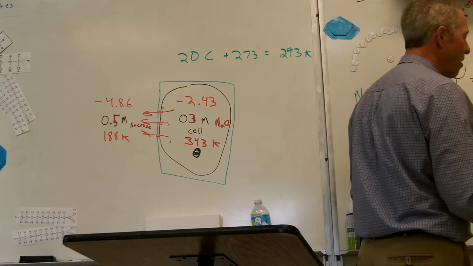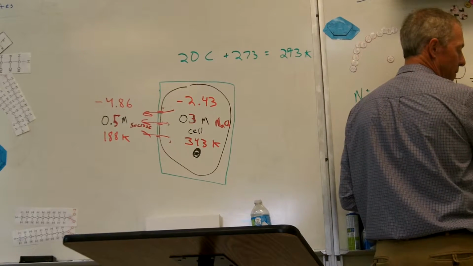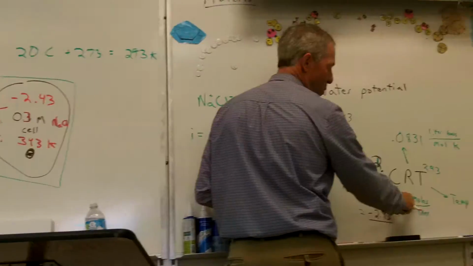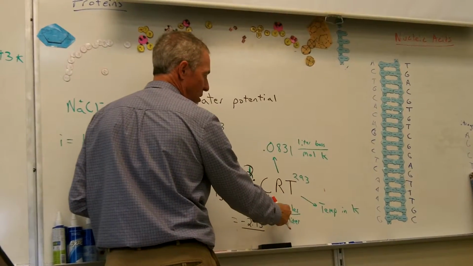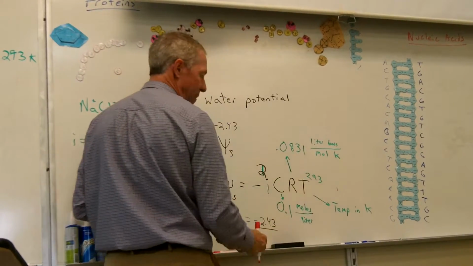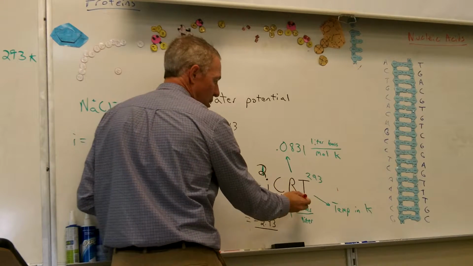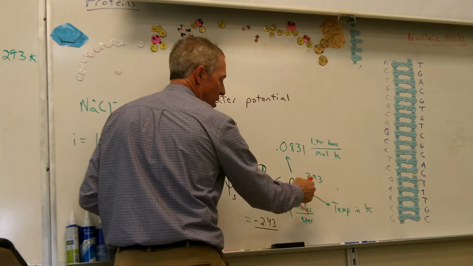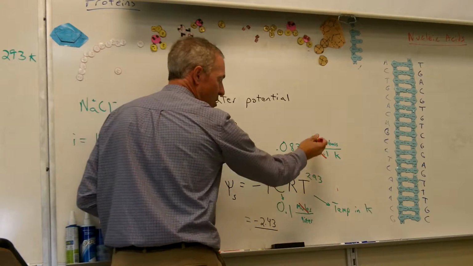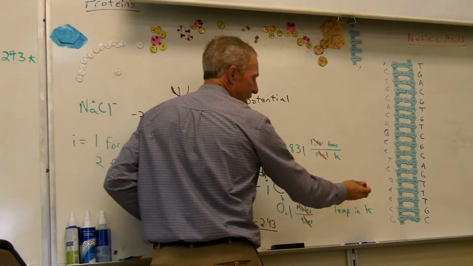Now hold on, we got to figure out what the units are. I has no unit to it. C is in moles per liter. And R is in liter bars per mole K. Do y'all know how to cancel things out? Moles on the top and moles on the bottom, they cancel. Liters on the top and liters on the bottom cancel.